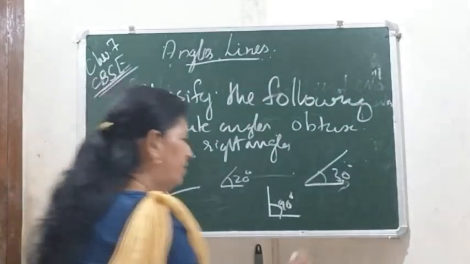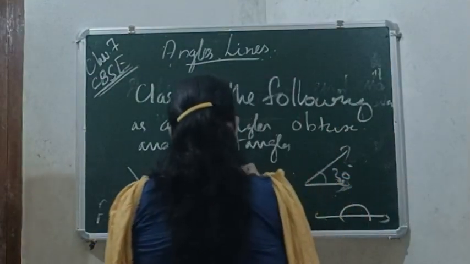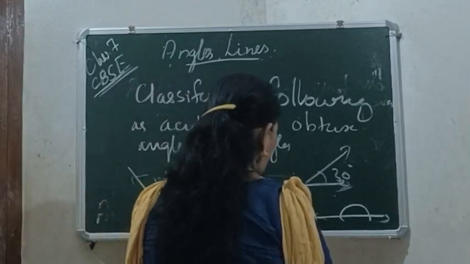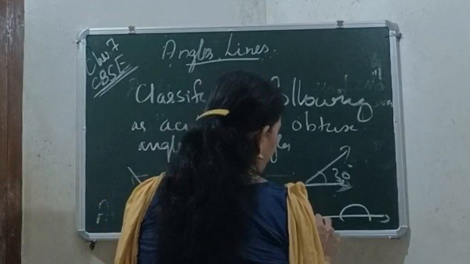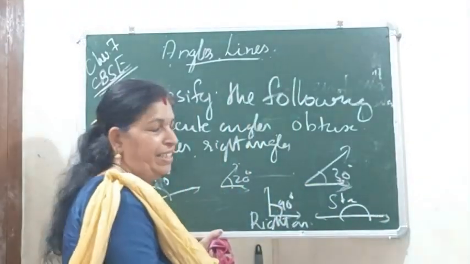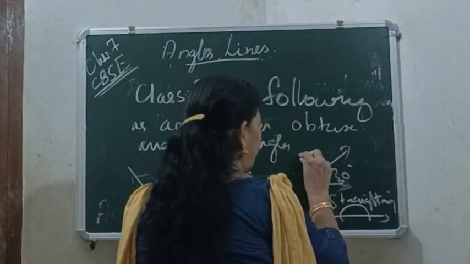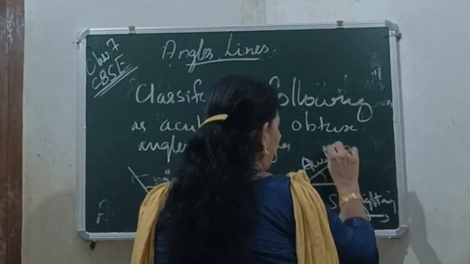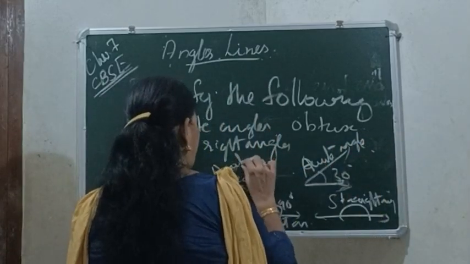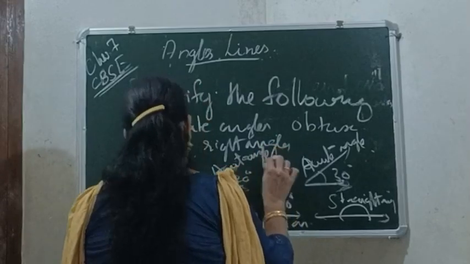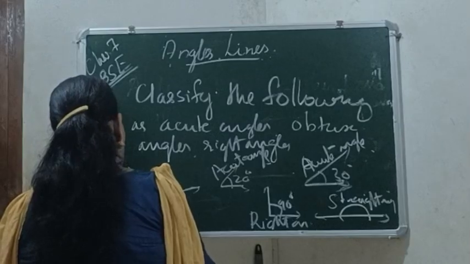This is a right angle, 90 degrees. This is a straight angle, 180 degrees. This is an acute angle, less than 90 degrees, 30 degrees. This also is an acute angle. This one, above 110, is an obtuse angle, above 90 degrees.